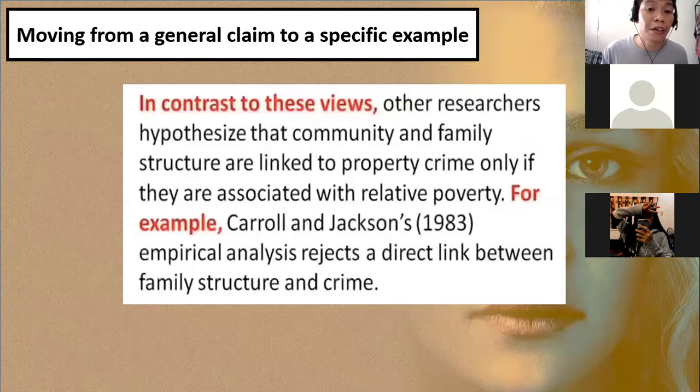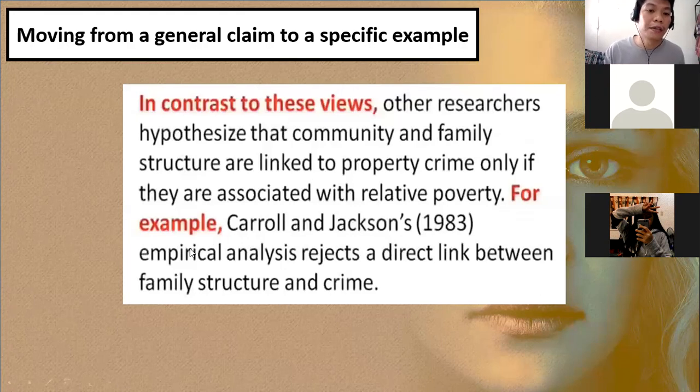Okay, moving from a general claim to a specific example. In order to give full understanding about the claims that you are citing in your paper, it is somewhat deductive. You need to provide the general claim, what's the general idea in your topic. Then you need to provide specific examples.